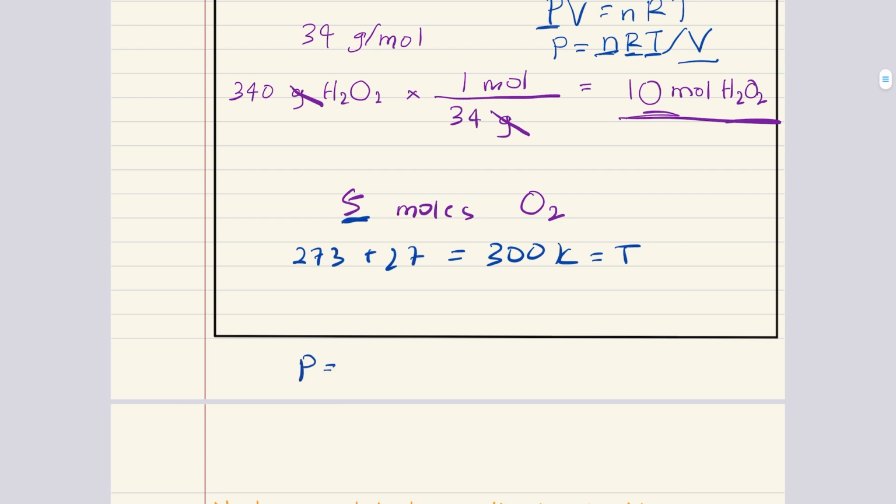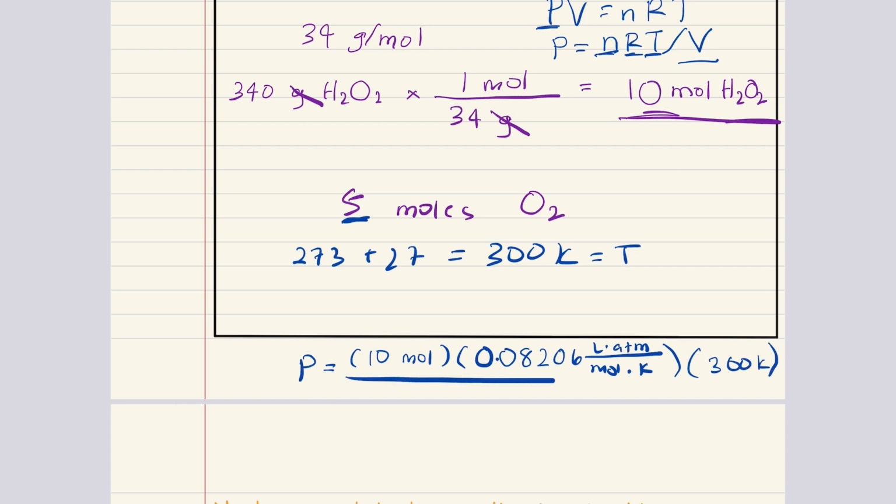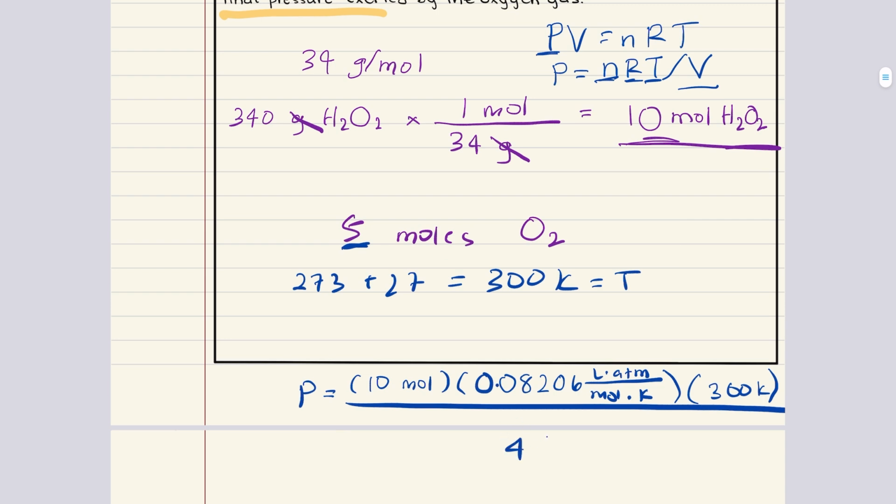So we have everything we need to plug this into our equation. Pressure is equal to 10 moles. R is equal to 0.08206 liters times atmosphere divided by moles times Kelvin. And then we multiply this with temperature, which is 300 Kelvin. This will all be divided by the volume, which is 4 liters.